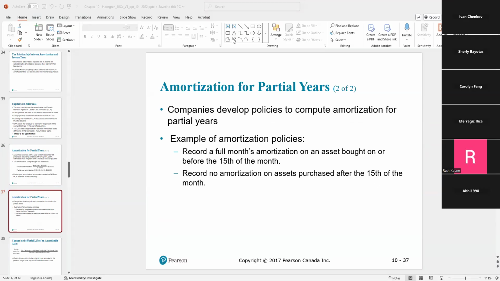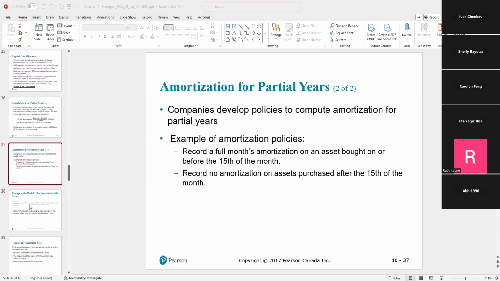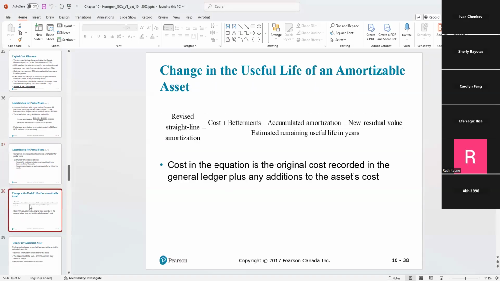So basically, you're making a trade-off. For some assets, there will be no amortization. For some assets, there will be full month amortization. It's up to you. I'm not going to trick you with those types of questions on the exam. There might be some of those questions on the assignments, but on the exams, I'm not going to trick you with those questions. And if there's something like that, we're going to talk about it.